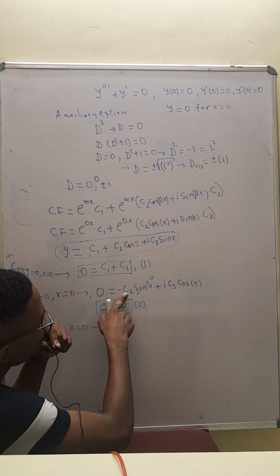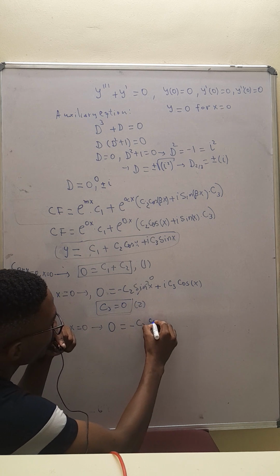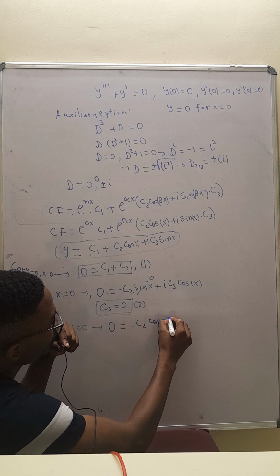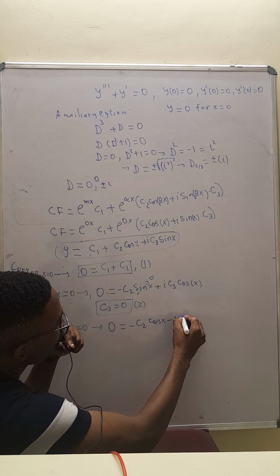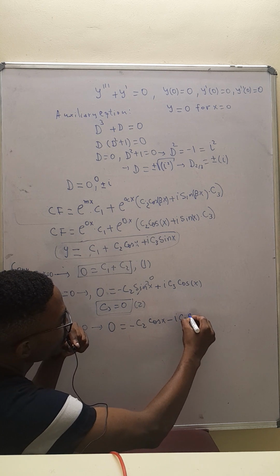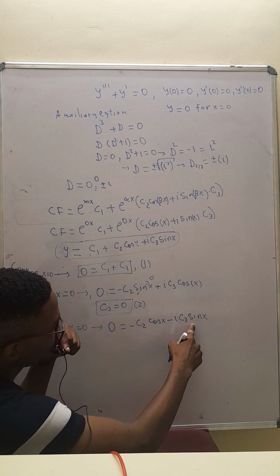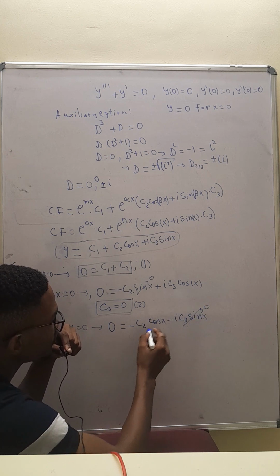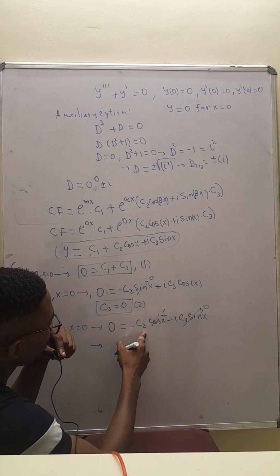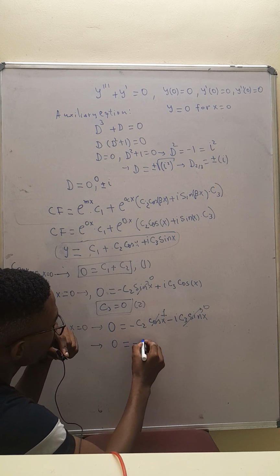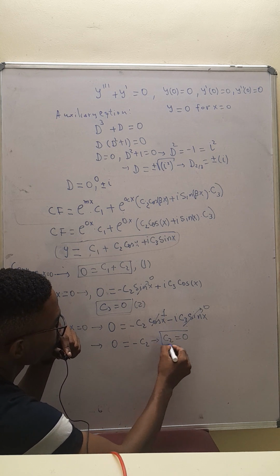So this expression derived will be minus C2 cosine of x, plus minus i C3 sine of x. And I put x equal to 0. This will be 0, this will be 1. So I will have 0 is equal to minus C2. It implies that C2 is also equal to 0.